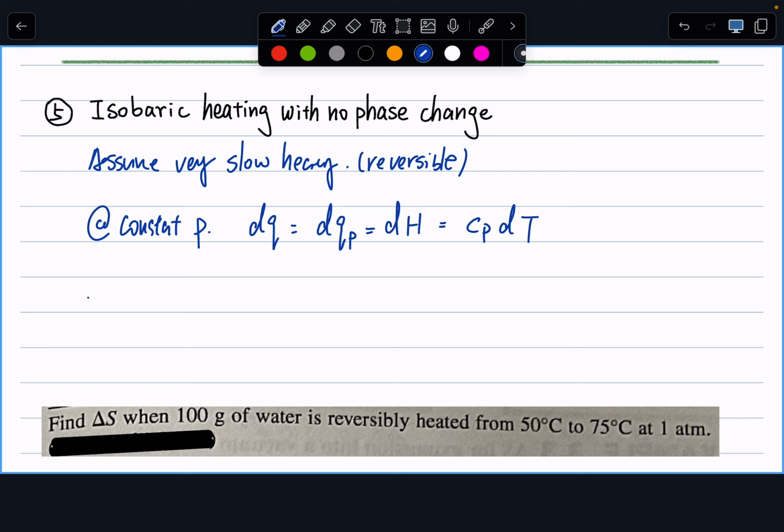And then the delta S of this process between a random state 1 to 2 thus becomes the integral of Cp over T dT. And again, this is at constant pressure, no phase change.